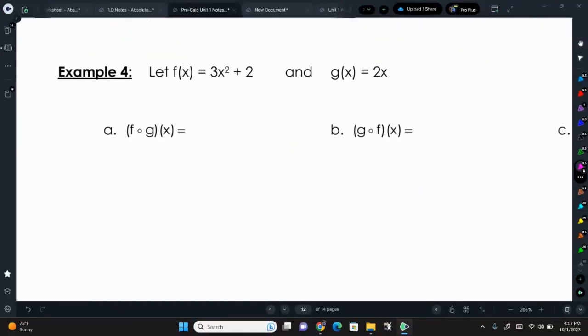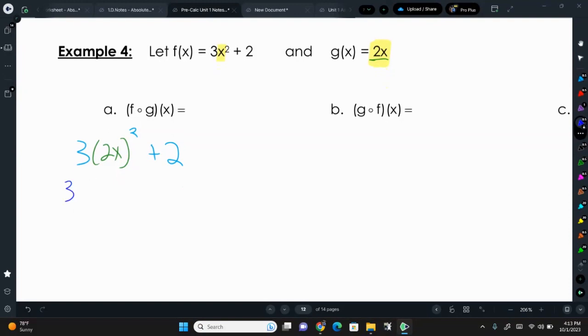So example 4, we have let f(x) equals 3x squared plus 2 and g(x) equals 2x. So f of g of x means I'm going to take my g function and plug it in, substituting for the x in the f function. So 3x squared, well, instead of writing x, I'm going to write g(x), which is 2x, and then squared plus 2.